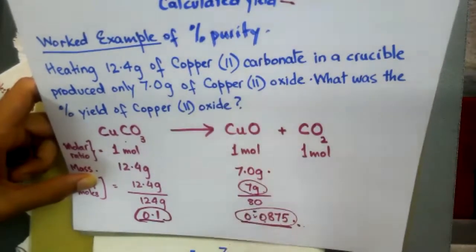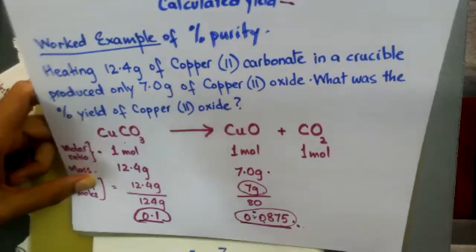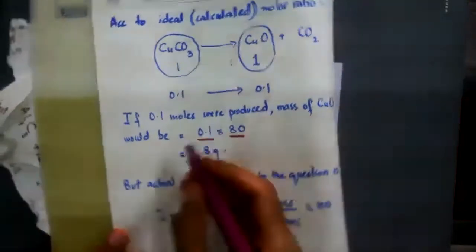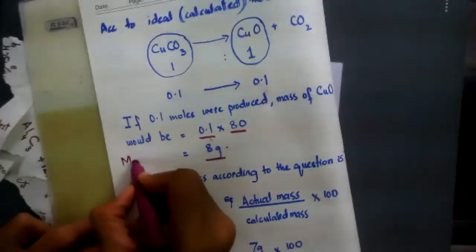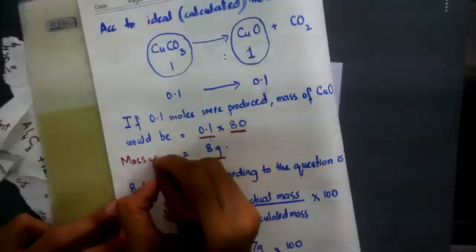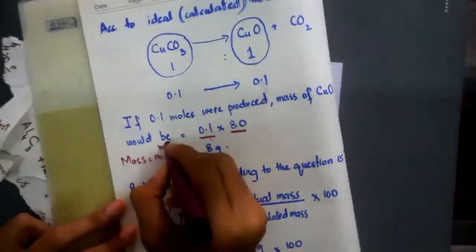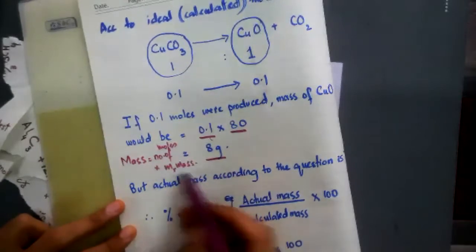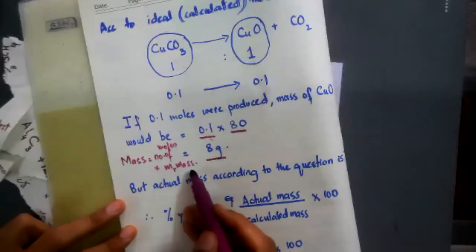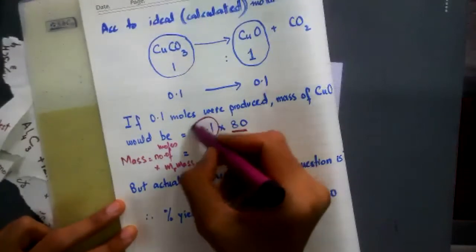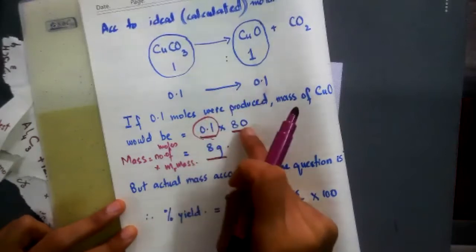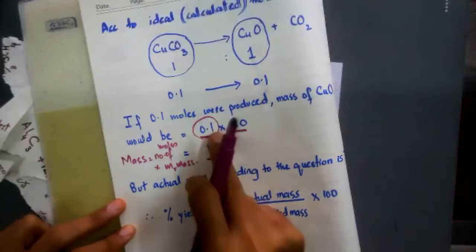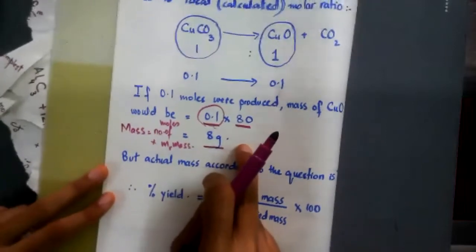If it were 0.1, then what's the formula for the mass? Number of moles multiplied by the molar mass. You already know that, Ahmad, right? Mass is the number of moles multiplied by the molecular mass. So this is my ideal number of moles, and I multiplied that by the molar mass to get the ideal mass. Did you understand, Ahmad?